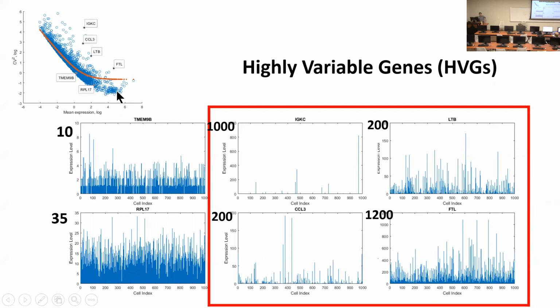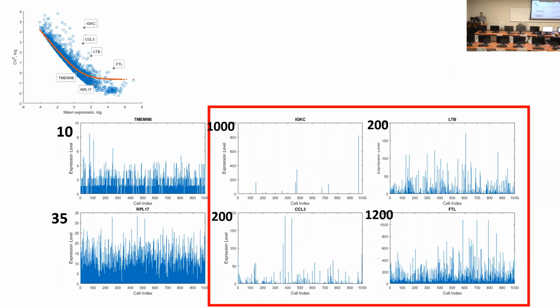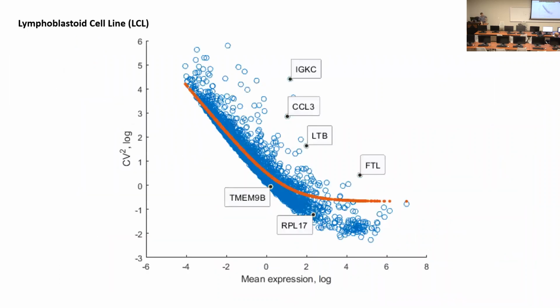Those corner are the genes highly expressed, on the log scale. So the highly variable genes, most of them are not the most highly expressed. The average actually is not at this end. There are some of the highly expressed, but the majority are in the middle.